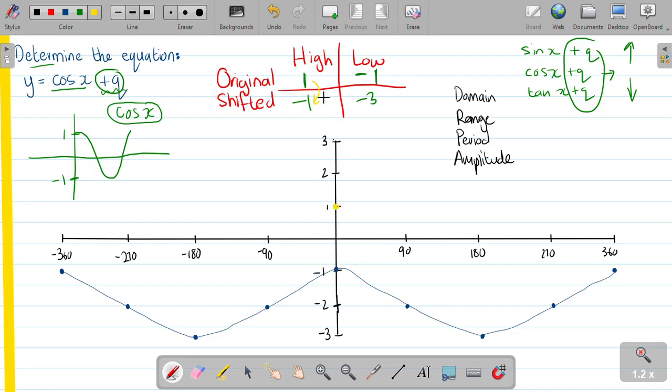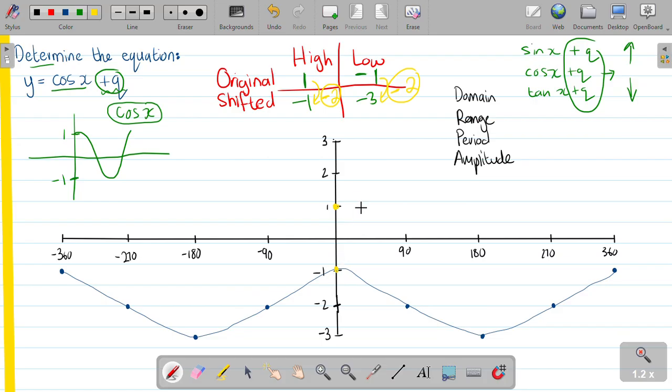Well, we are minusing 2. And on this side, if we're going from -1 to -3, then we are minusing 2 again. So you can see that the graph has shifted 2 units down.